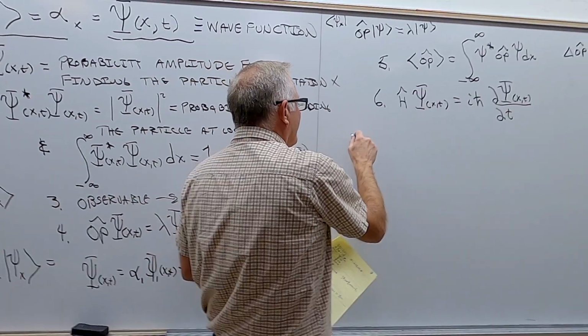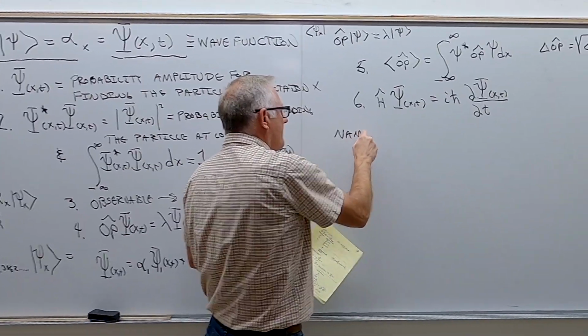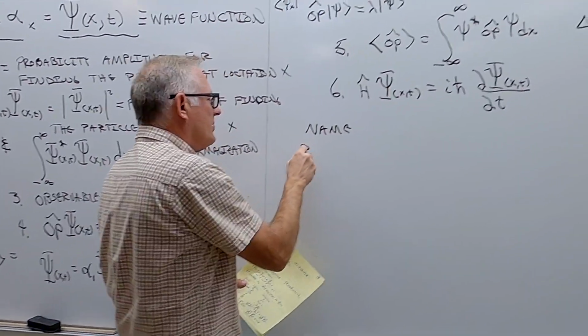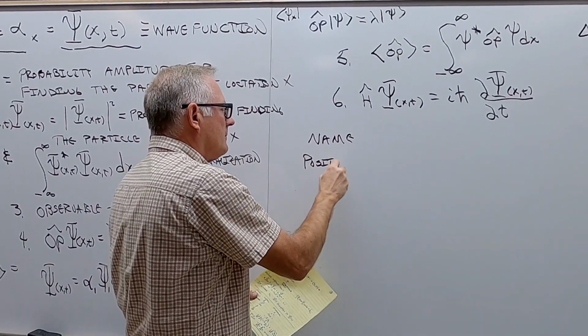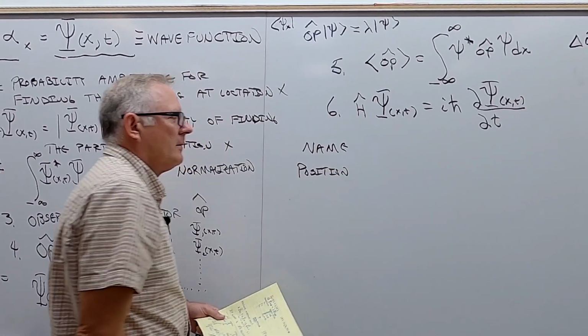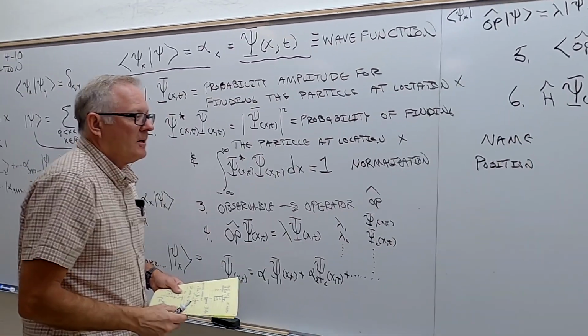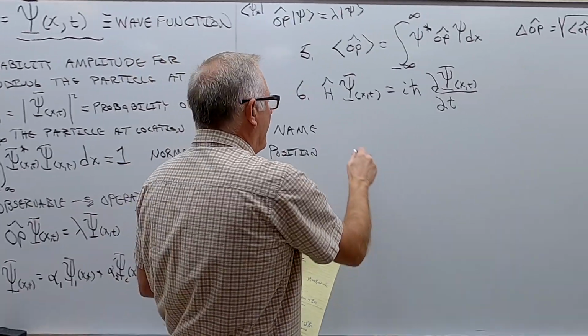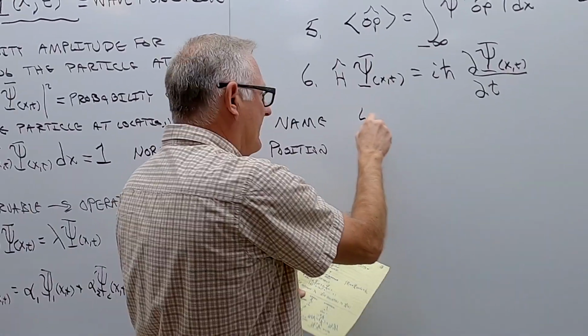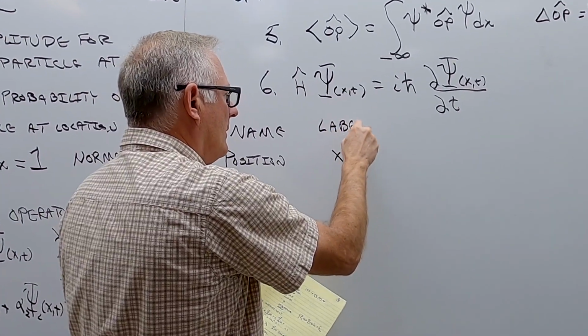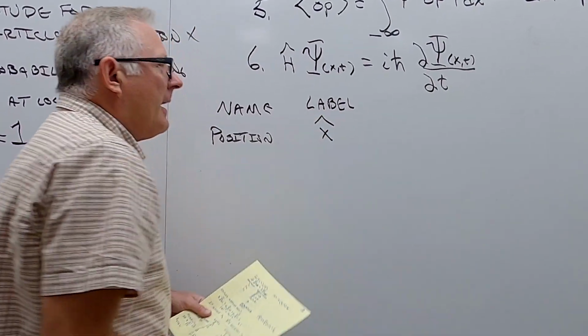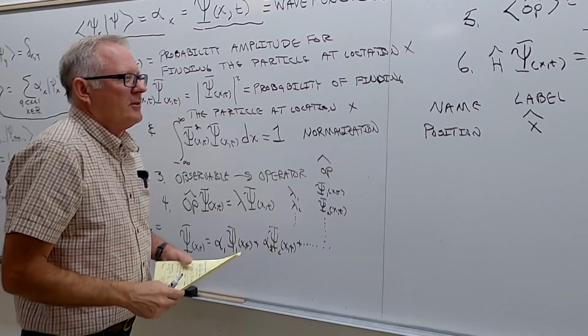So we could give it the name of the operator. Maybe you wanted to measure the position. We'll just use an x for the label. And then what do you do to the function right here?